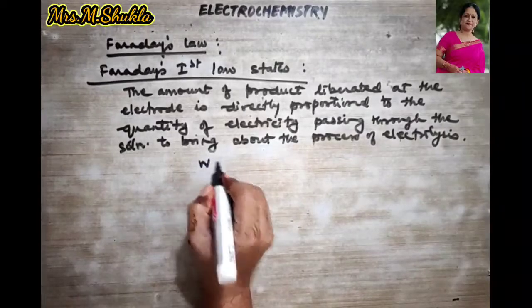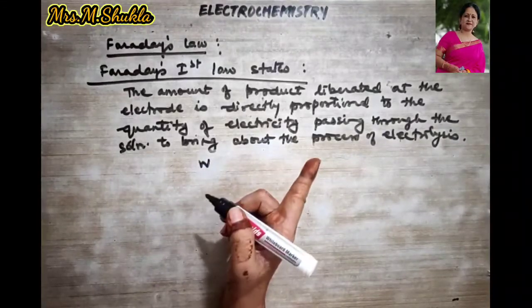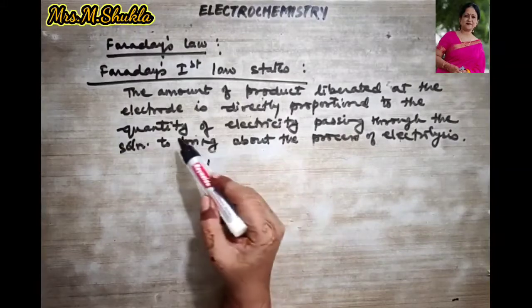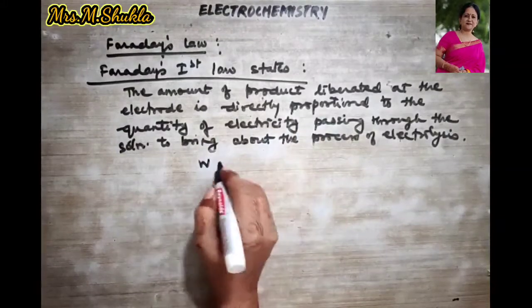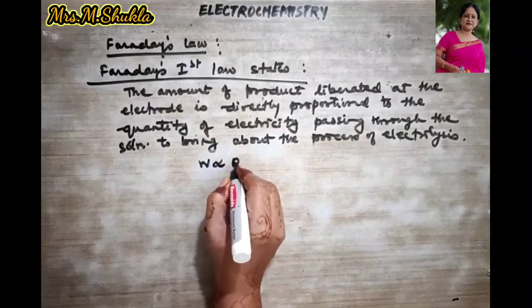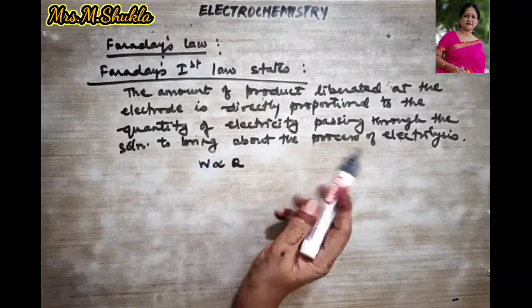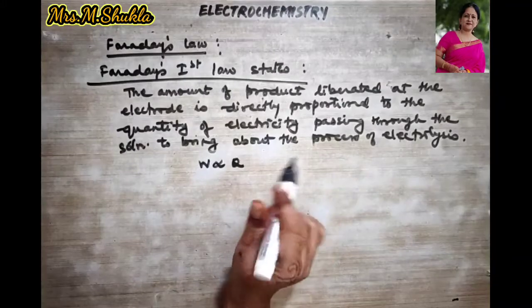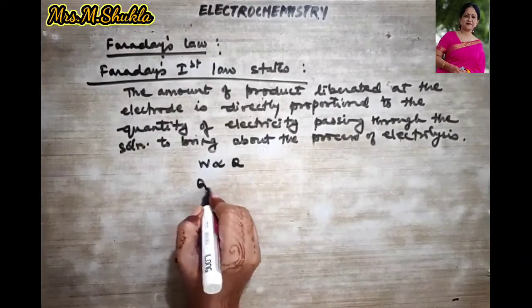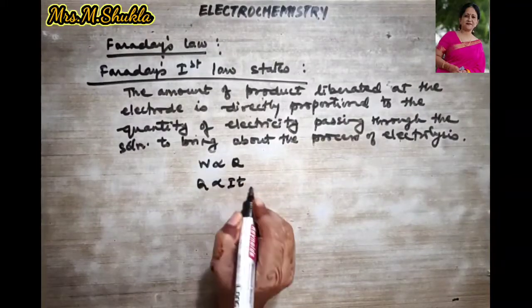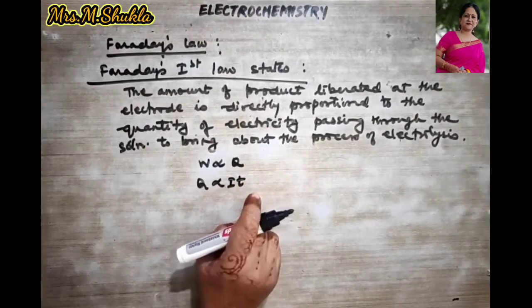So if W is the substance that gets deposited at electrode on passing suppose Q coulombs of electricity through the solution to bring about the process of electrolysis, right? So we can say that this Q is directly proportional to I into T, right?